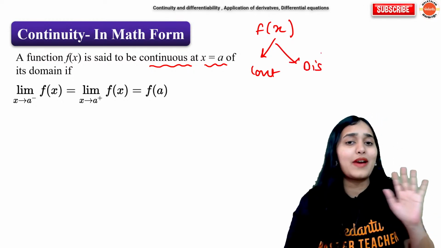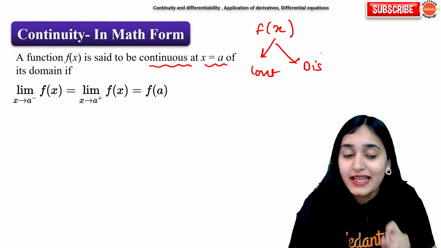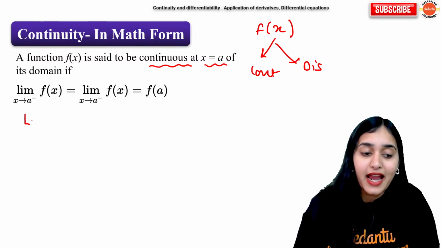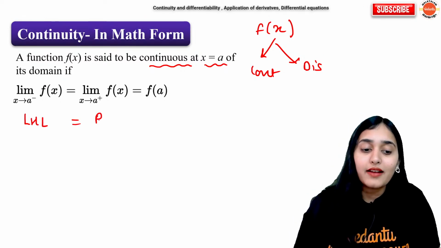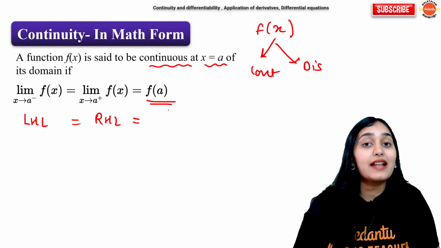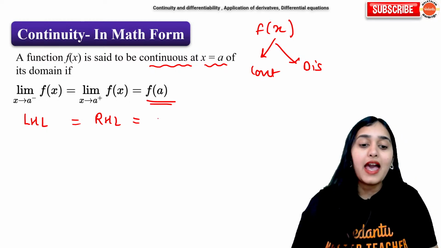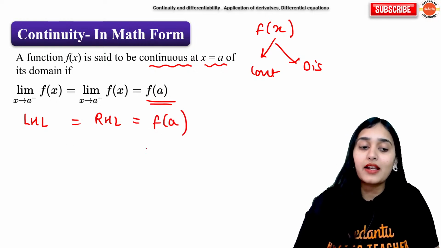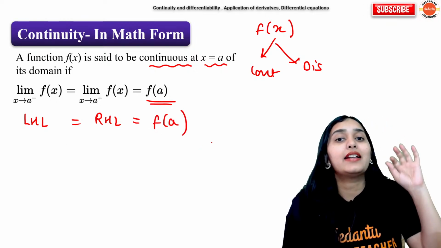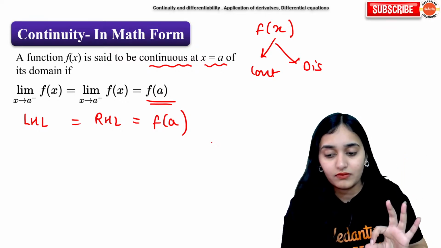Okay, only this question will come. How will you check? You will check the left hand limit, you will check the right hand limit, and you will find the value of the function at that particular point. And if all the three values are equal, you can say that it is a continuous function.